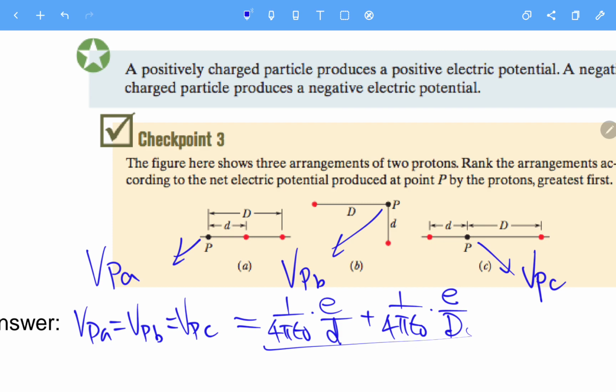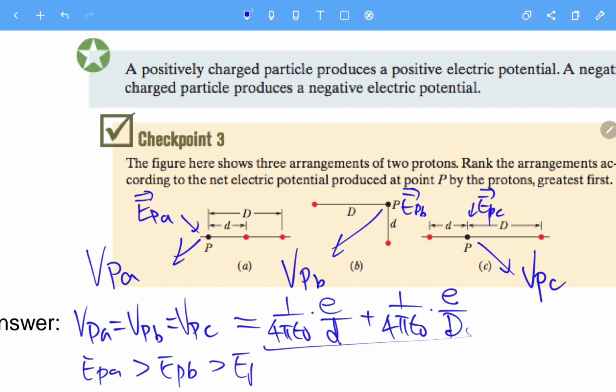If you really need to consider the electric field, if this is EPA, EPB, and then EPC, then you can say the absolute value of EPA will be larger than EPB, and then larger than EPC.